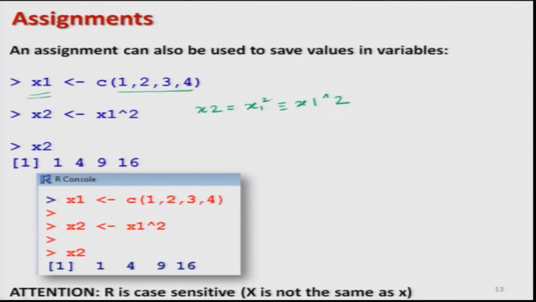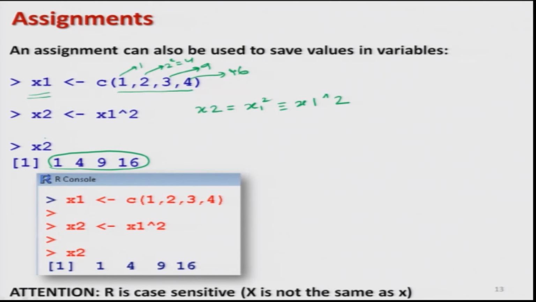Obviously the square of 1 is 1, the square of 2 is 4, the square of 3 is 9, and the square of 4 is 16. So, you can see that 1, 4, 9 and 16 are coming over here. That means this x2 has been defined over a vector.